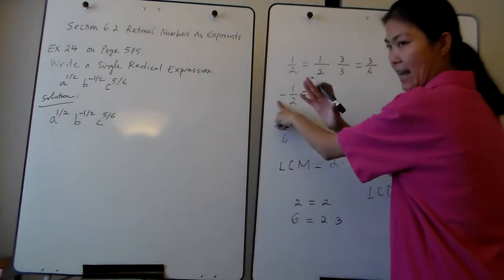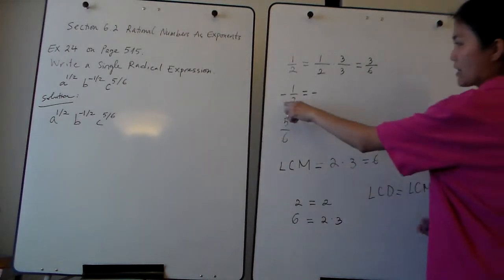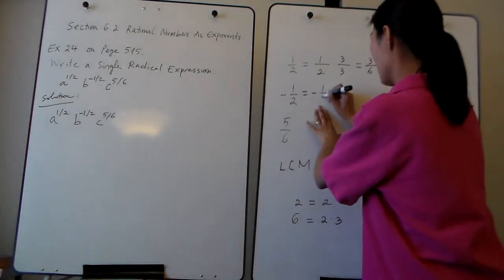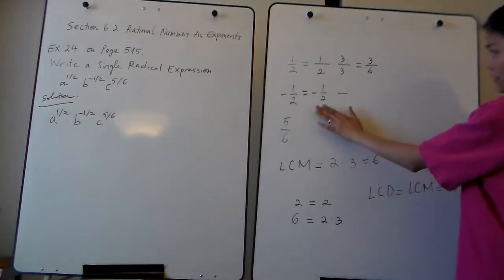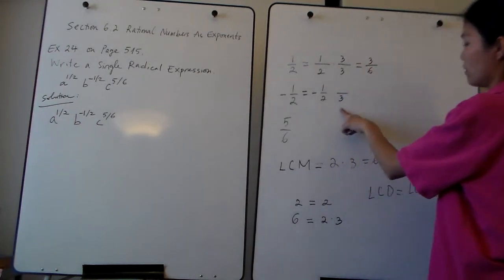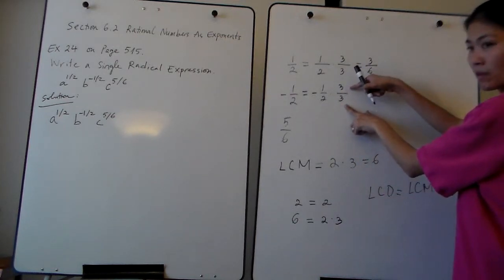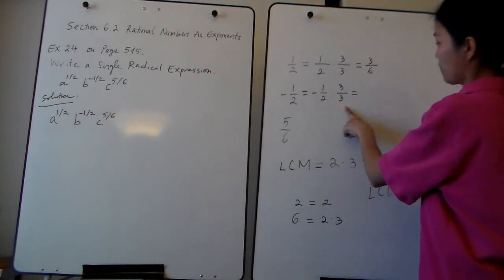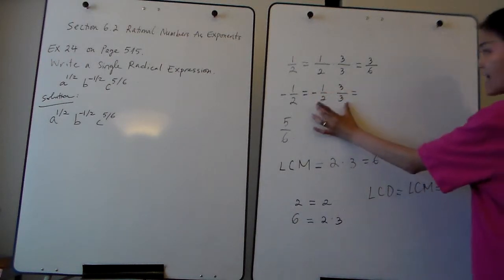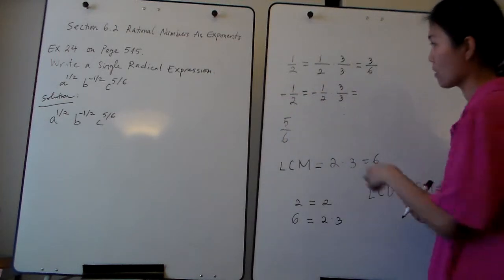The sign in this case, in terms of the LCD, is actually the same. The sign matters later on when you combine. Now 2 times what is 6? Similar to here, 2 times 3. You do that, you need to compensate by multiplying by the same number in the numerator, because 3 divided by 3 is 1. 1 times -1/2 is -1/2, which is equal to the original expression.